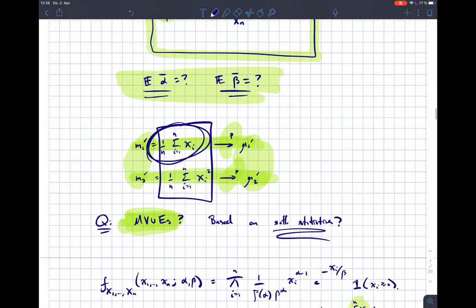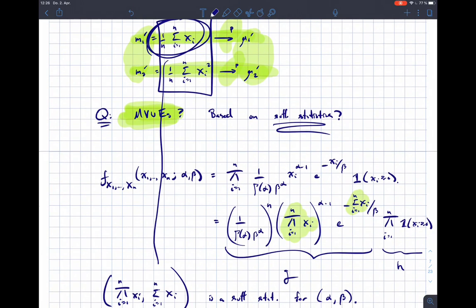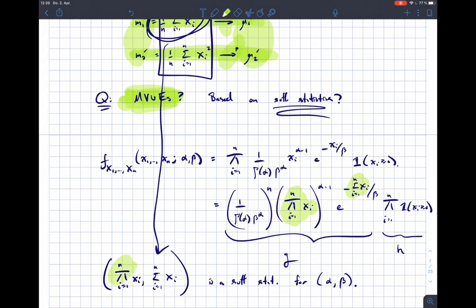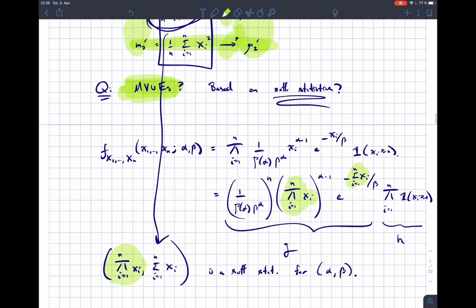This first one appears in our sufficient statistic as one of the components, but our work down here tells us that if I want to keep all the information in the random sample about alpha and beta, I need to look at the product of the xi's.